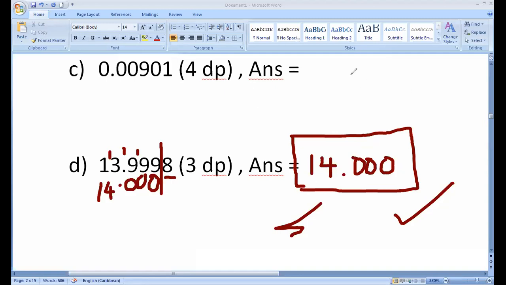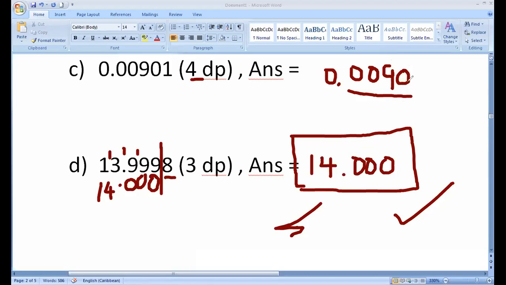What I was saying is, we got this for the answer, 0.009. And I was saying that you don't really need to write the 0 there, because we said it's 4 decimal places, so it's supposed to have 4 digits.